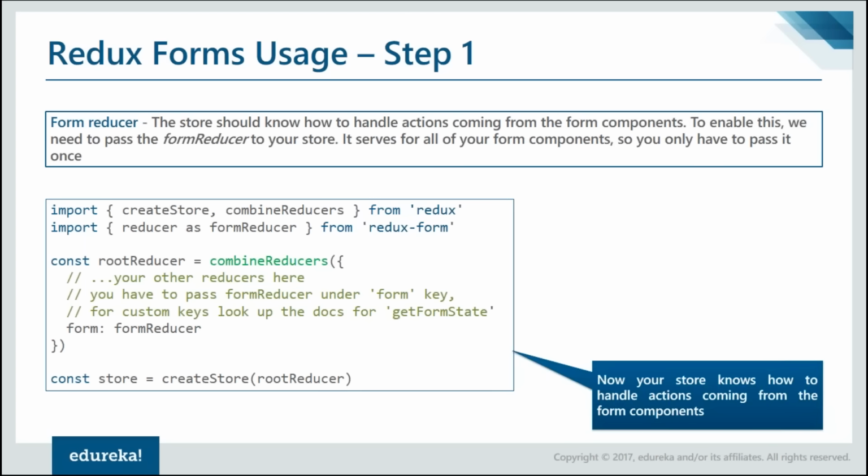When I say form components, you can have inputs, labels, text areas, or objects as well. But the important point is that you only have to pass it once. As you can see over here, I'm only passing the form reducer once. So now your store knows how to handle the actions coming from the form components.